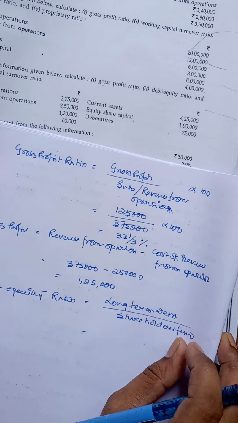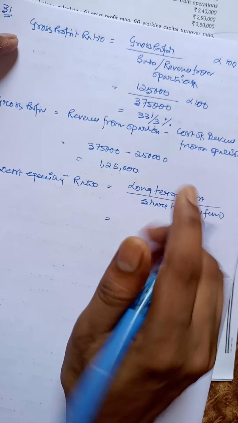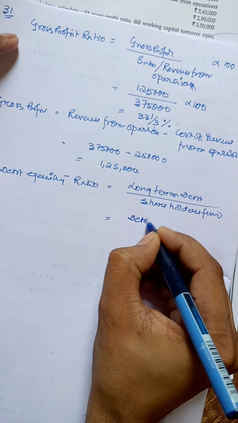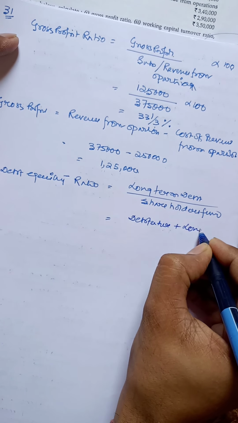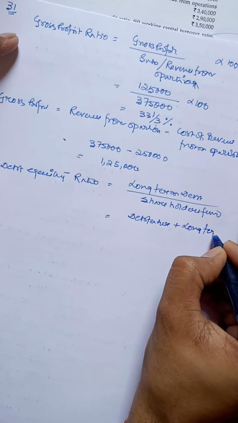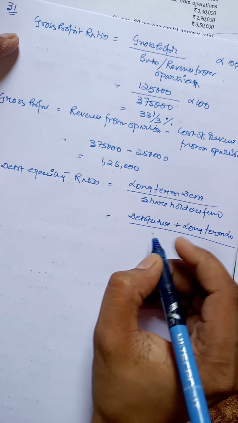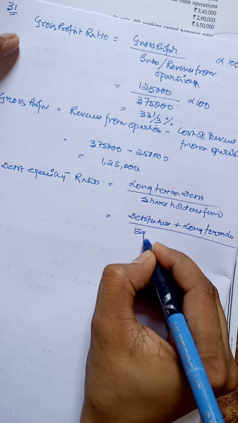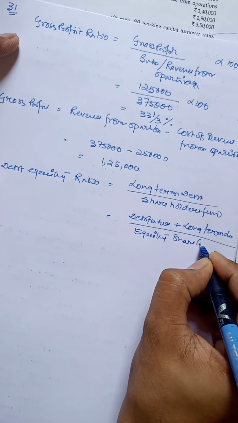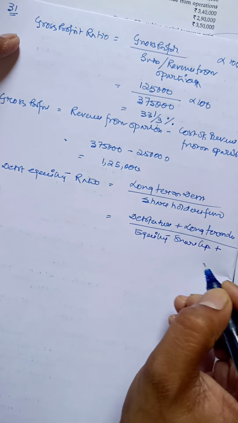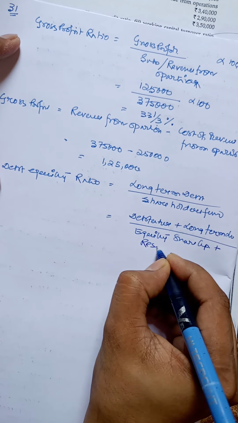So here the long term debt means a debenture or long term loan, divided by shareholder funds, which means equity share capital plus reserve and surplus.